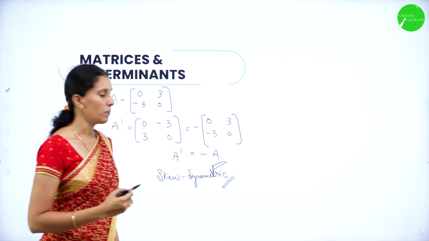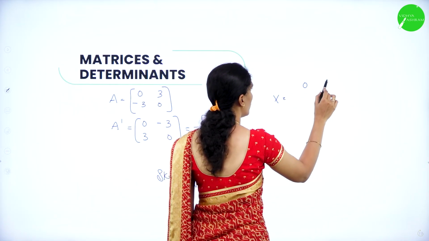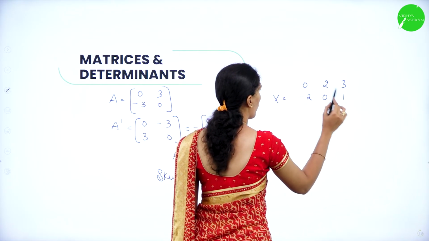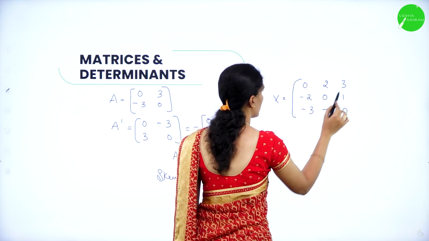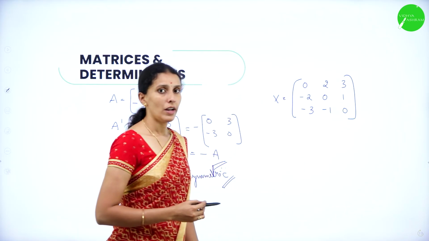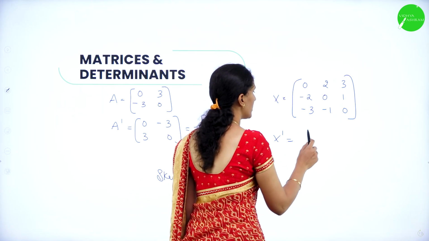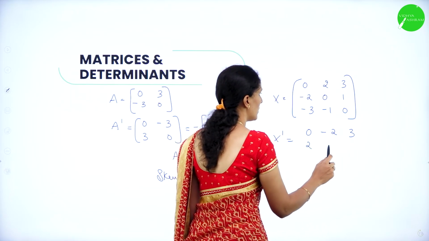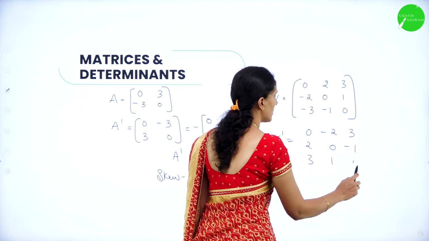Let me take one more example. Matrix X is equal to 0, 2, 3, minus 2, 0, 1, minus 3, minus 1, 0. Let me take the transpose of this matrix, that is X dash. Then it is 0, minus 2, 3, 2, 0, minus 1, 3, 1, 0.